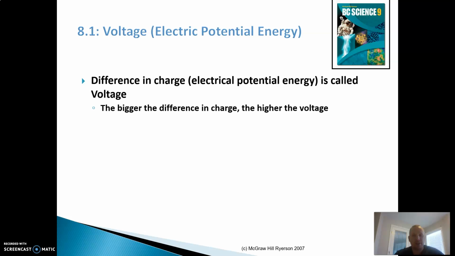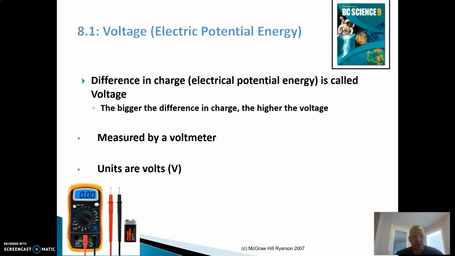Obviously, the greater the difference in the separation of charge, the higher the voltage. And that's why you see different voltages between different batteries. Voltage is measured by a voltmeter, and the units it's measured in are volts. And here's a couple pictures.